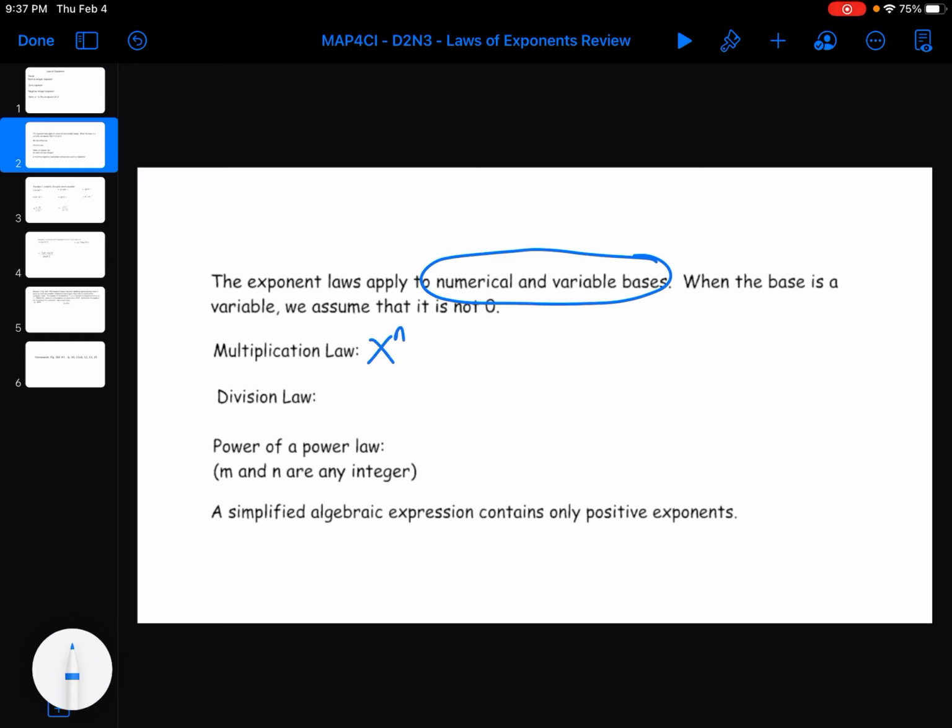But if we had something like x to the n times x to the m, where the two bases are the same, all we have to do is add the exponents. The division is the same. If we had x to the a divided by x to the b, in this case, we're just subtracting the exponents.